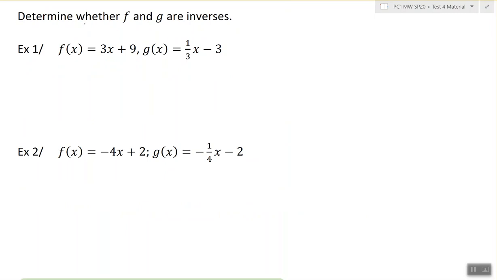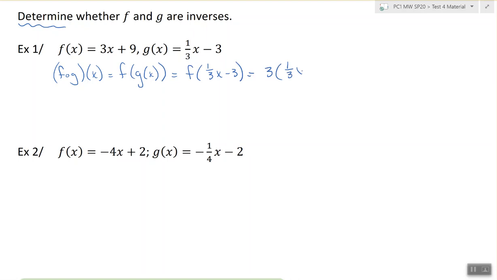So we'll take this first one here, and they want us to determine whether they are inverses or not. We take f composed with g of x, which means f of g of x, which means f of (1/3 x minus 3), which is 3 times the new input (1/3 x minus 3) plus 9. That is x minus 9 plus 9, which is x.